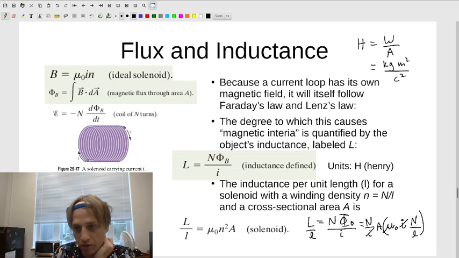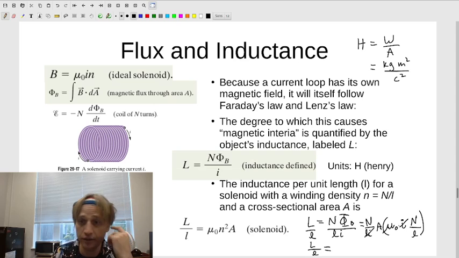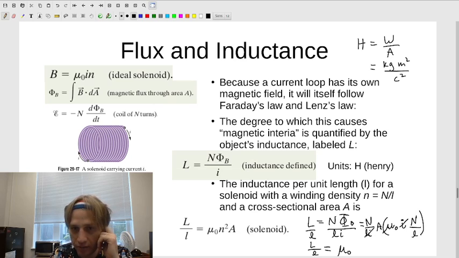So N over L. We're going to divide all of these by L. And what you find then is that L over the length, the inductance per unit length of a solenoid, this is little n, N over L. And so what I get is mu naught times N over L times N over L, which is little n squared, times the cross-sectional surface area.